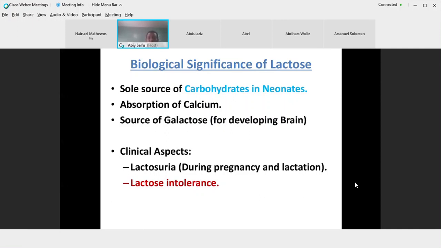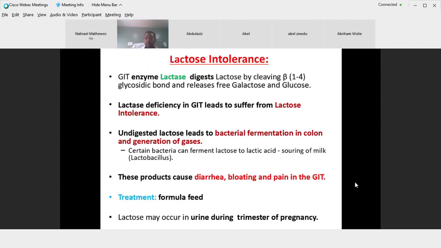Some individuals may feel uncomfortable once they drink milk. Such individuals may have a deficiency of lactase, and as age increases, the activity of lactase decreases, and such individuals are unable to tolerate milk. They can develop lactose intolerance due to the deficiency of lactase.